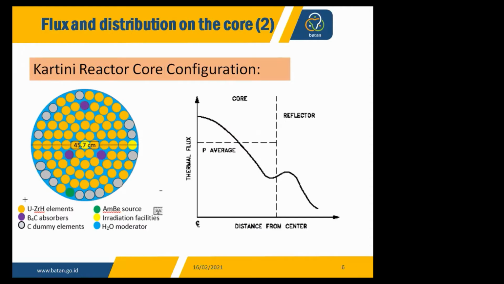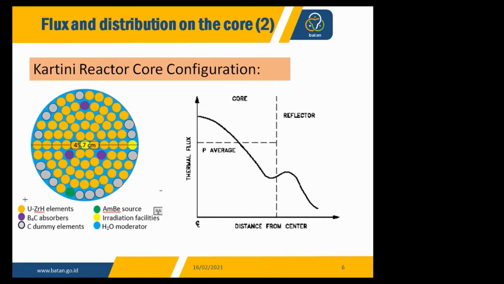Next, I will explain about the Kartini reactor core current configuration. As I mentioned before, from Mr. Sadewo, the Triga reactor has a typically annular fuel configuration at the core. The left figure shows you a vertical cross-section of the core that has a total of 91 holes with 45.7 centimeters of diameter.